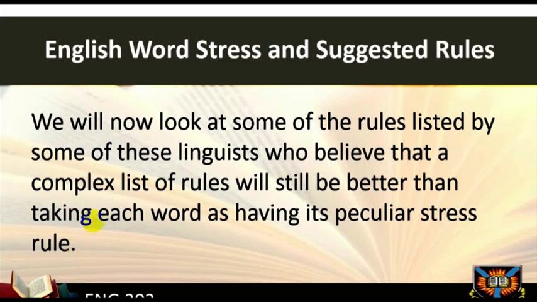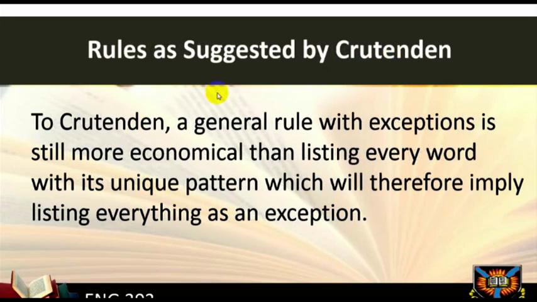Rules as suggested by Crutenden. Crutenden, 1986, notes that languages such as English, which do not use stress delimitatively and use it distinctively only to a very restricted extent, may have their word stress predictable, but only by a set of complex rules.